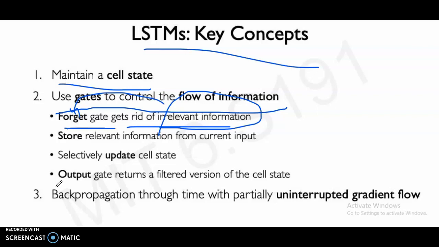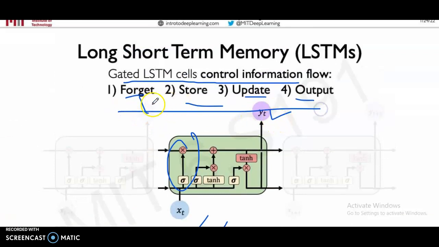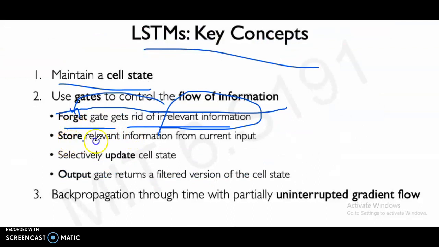Then store. Gates control information flow like this. So forget is finished, then store relevant information from the current input.